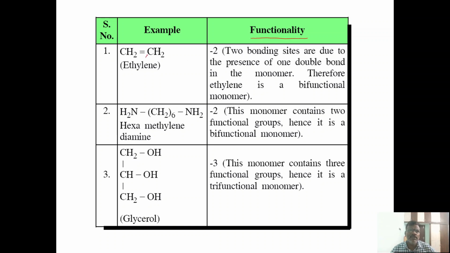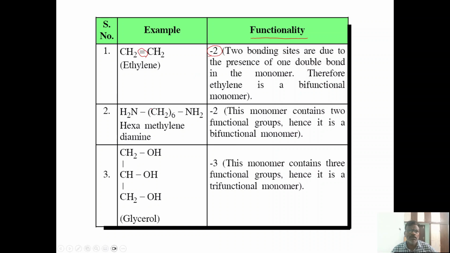So whenever you see a double bond, you can say that the functionality of that monomer is 2. Two bonding sites, because the double bond can produce two electrons on dissociation. One will move here, one will move here. We get two free radicals at two carbons. That's why we call this a functionality of 2.